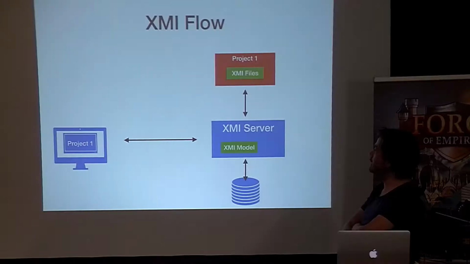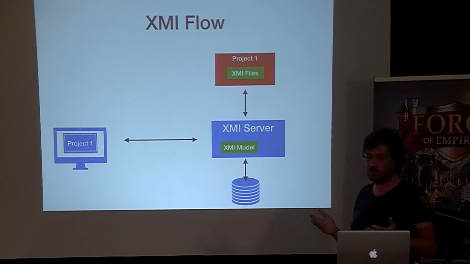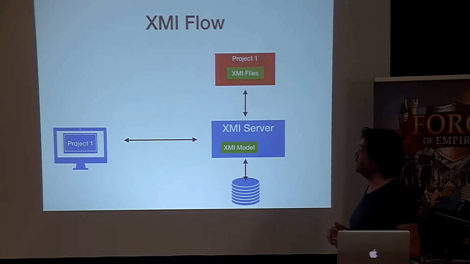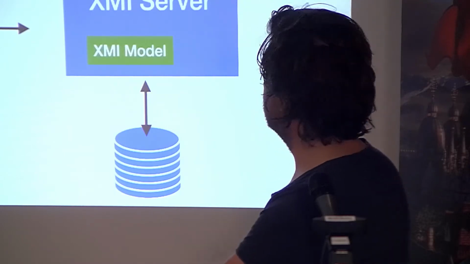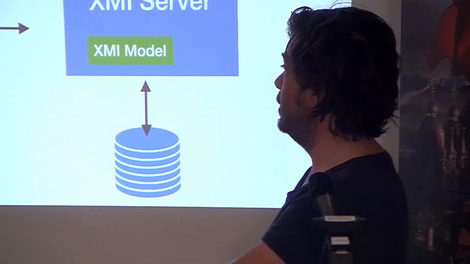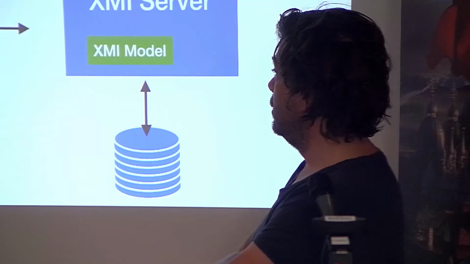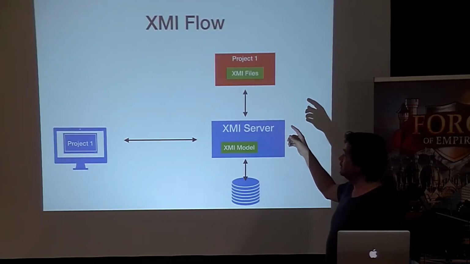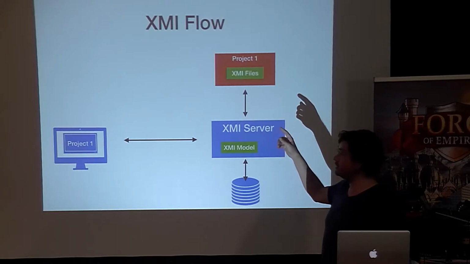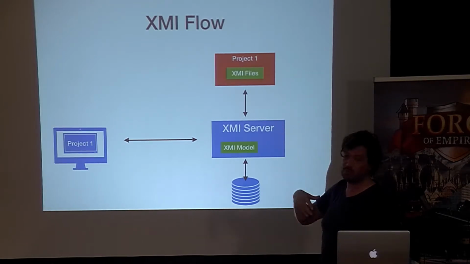And how the flow works is that we model in the tool. We save the XML files. They will be on disk in some project folder, which the server has access to. So the client starts. It goes to the index, and it doesn't know much yet, and it finds some configuration file.